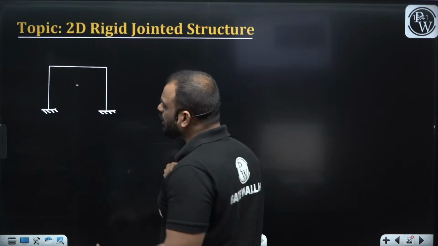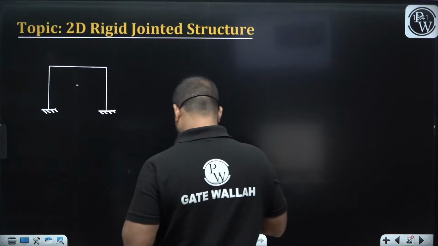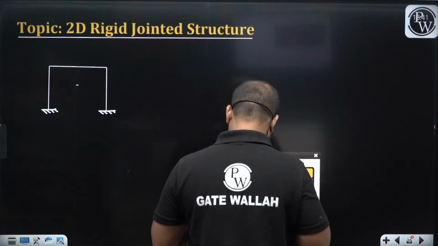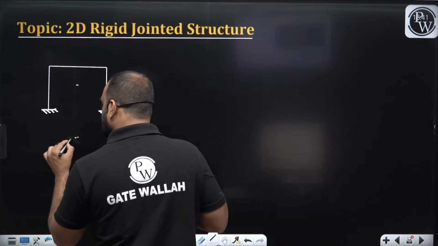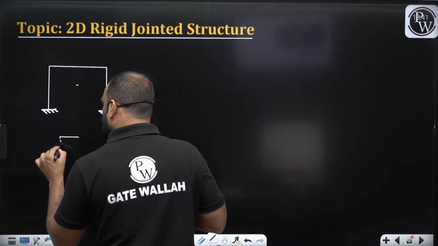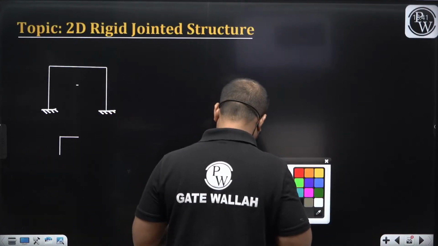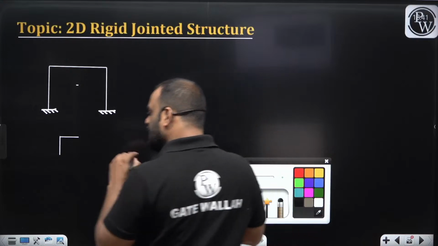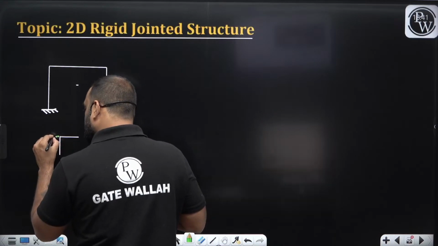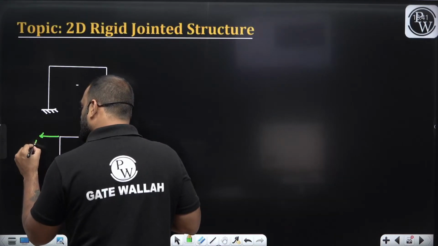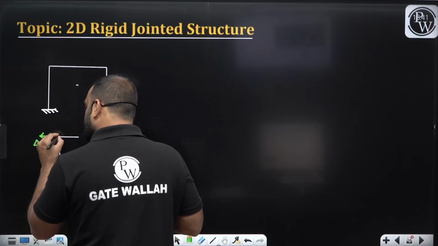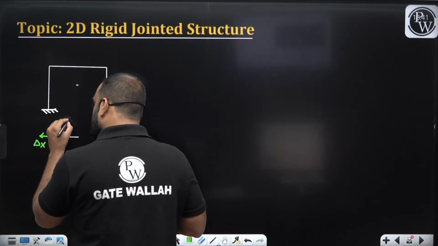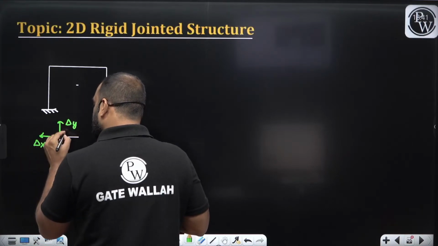So can I write it down, guys? If I take a 2D rigid joint, then at this particular joint there are basically 3 joint displacements which can be possible, and that is delta x, delta y and theta z.